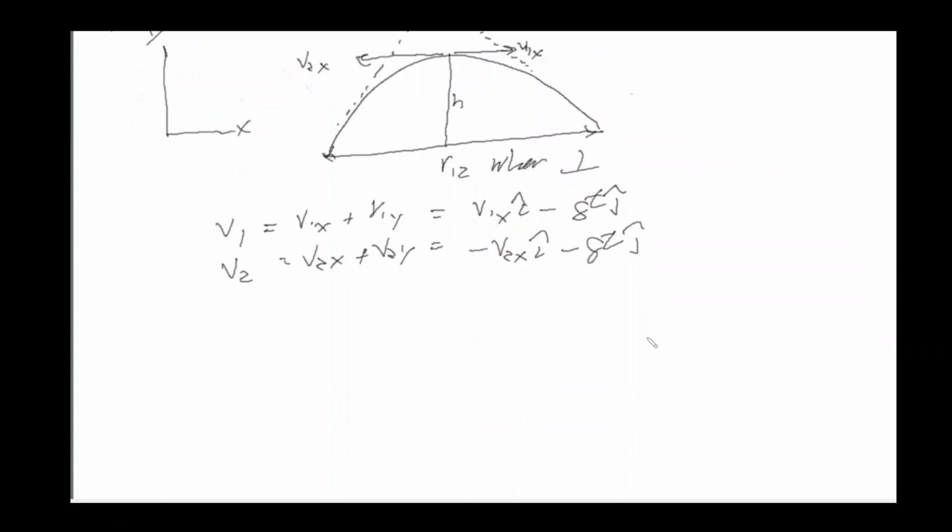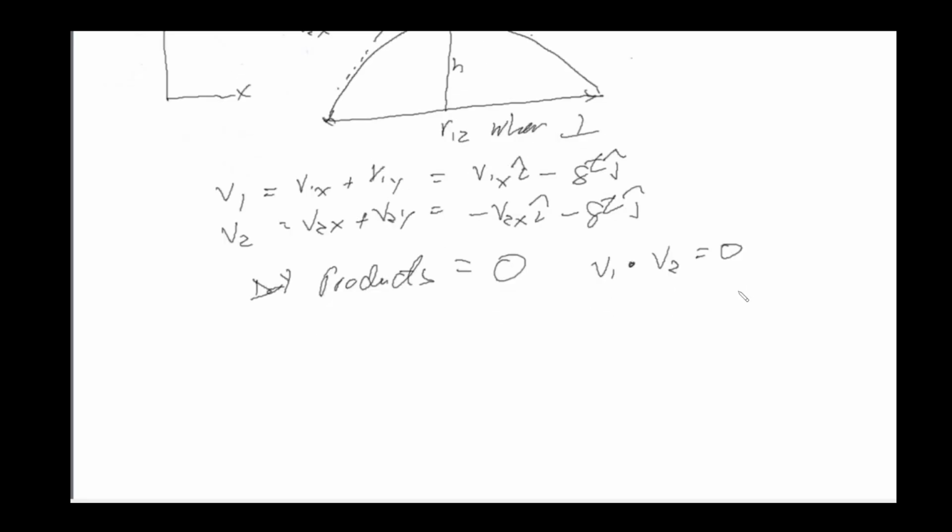So we want to know at what time these vectors are perpendicular to each other. Well, for two vectors to be perpendicular to each other, their dot product has to equal 0. So v1 dot v2 must equal 0 when they're perpendicular.